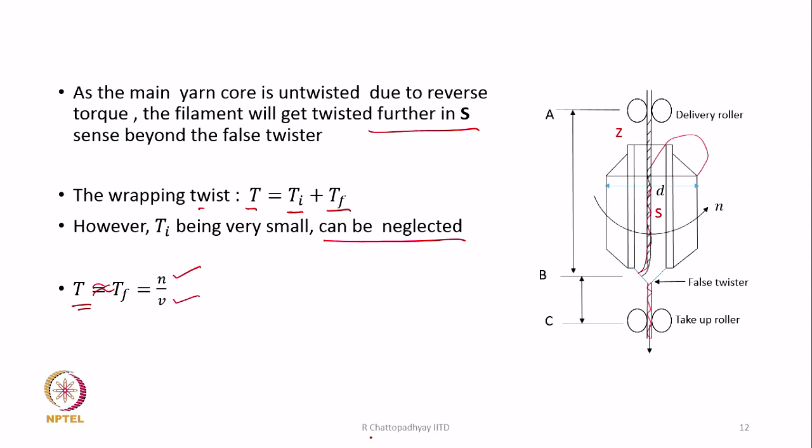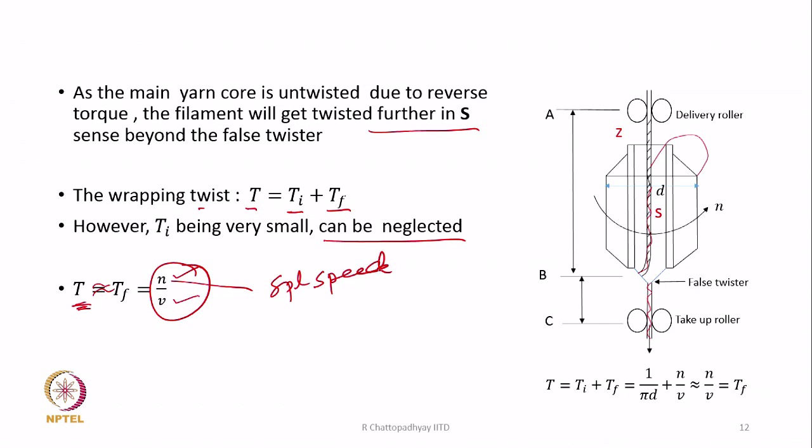Here also we say that the wrapping twist is therefore n by v, where n is the spindle speed and v is the delivery. That will give me the wrapping twist.